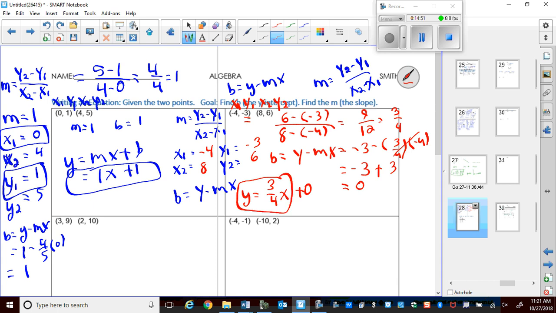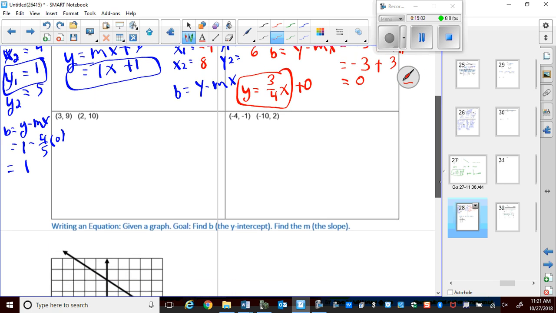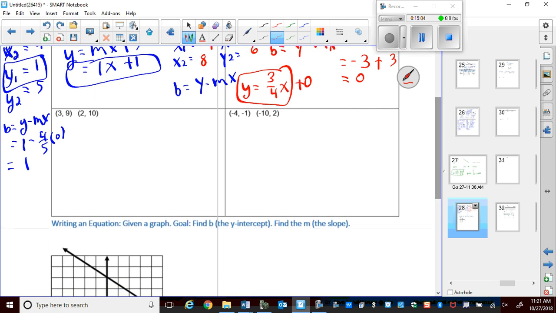So I do want you to attempt to do these things on your own. But I will provide the answer. I will work through the problems for the bottom, but I prefer if you pause the video and work it on your own. So for the next one, my slope equals 10 minus 9 divided by 2 minus 3, which is negative 1.